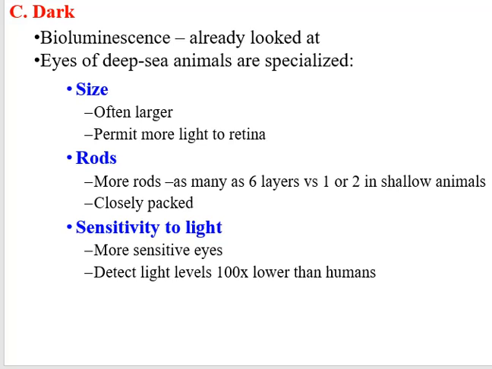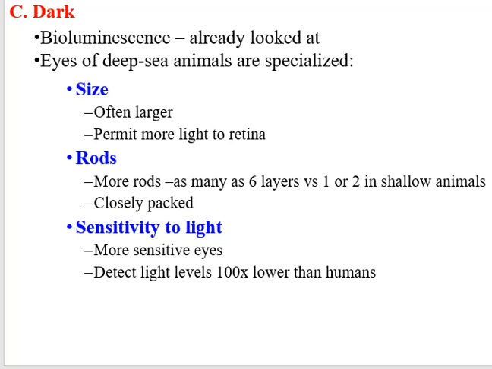Rods are especially sensitive to light, as opposed to acuity, focusing things, and colors. That's what cones do. Cones are associated with being able to focus and differentiate shapes very characteristically and also seeing colors. But rods are sensitive to light.